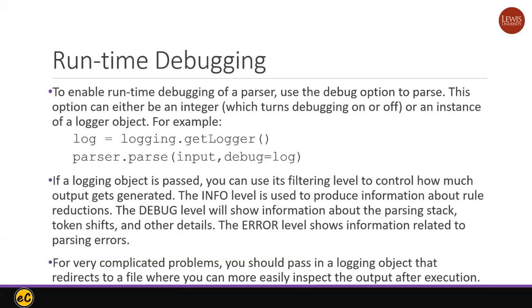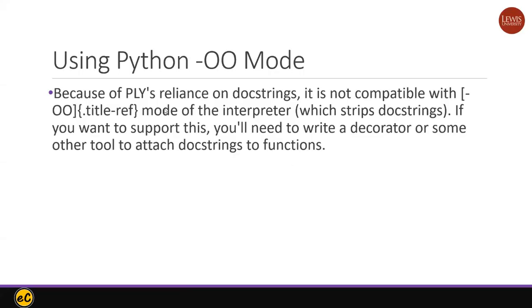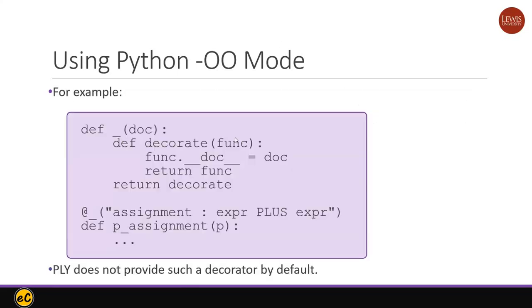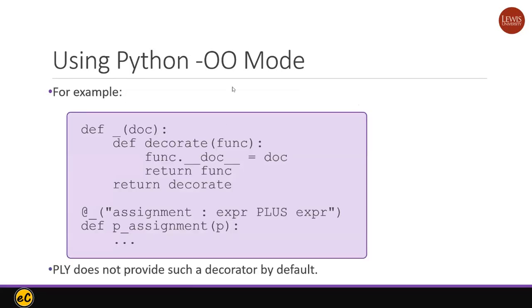Other than that, I think there are a lot of details. If you run Python in dash double O mode, it will not work, because PLY does not provide the docstrings by default, so don't run it in double O mode.